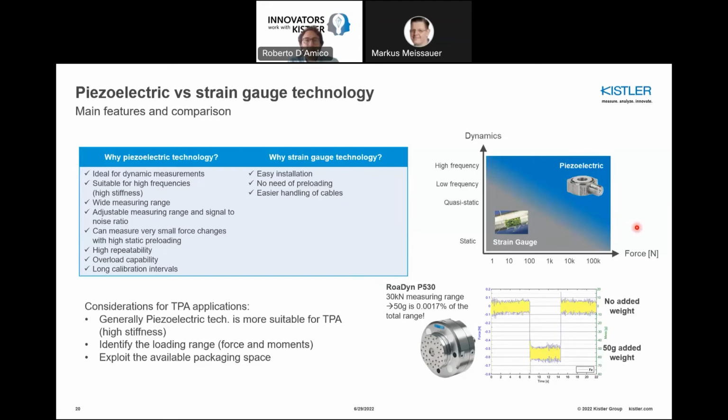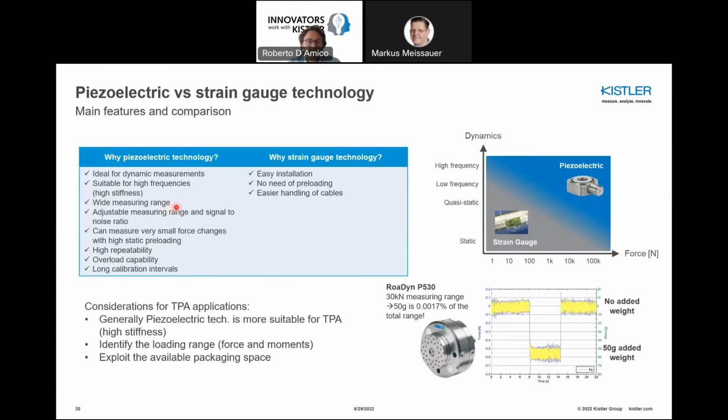And being pretty stiff, you can reach higher frequencies. When it comes to extensometry, the whole concept is based on the opposite idea: elasticity. The object on which you're putting a strain gauge actually has to deform to give you the output that you desire. Therefore, the first difference between the two is the application area.